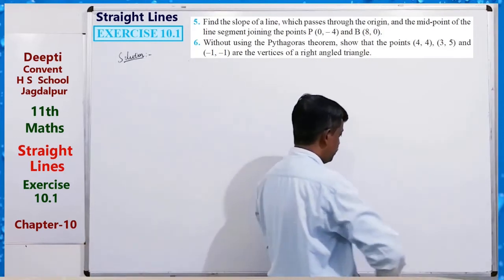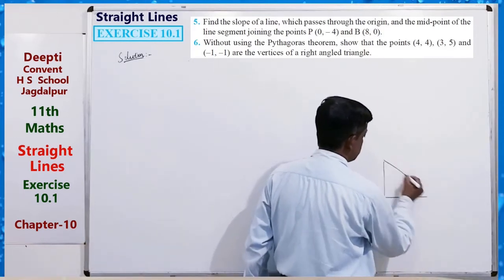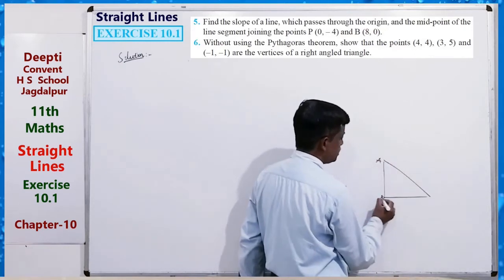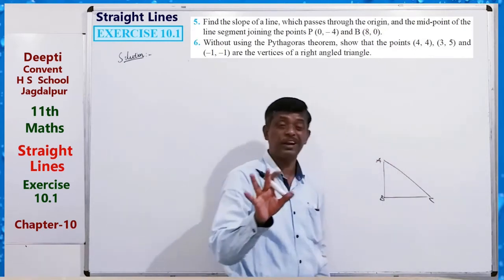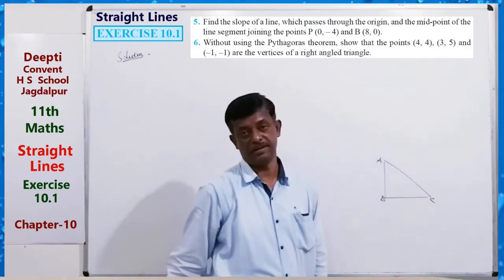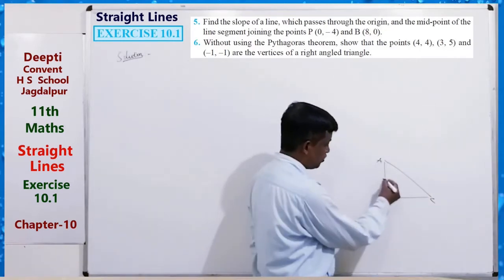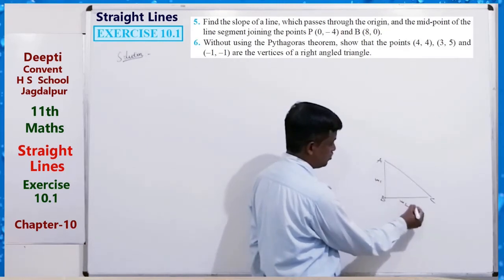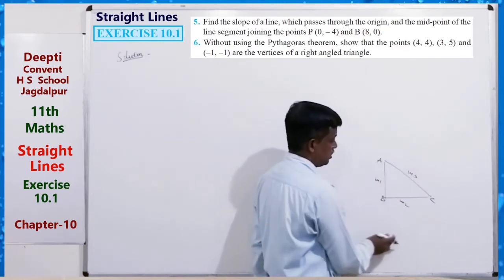Suppose we have a triangle with vertices A, B, C. These are the three sides of the triangle: AB, BC, and AC. Suppose the slope of AB is M1, of BC is M2, and of AC is M3.